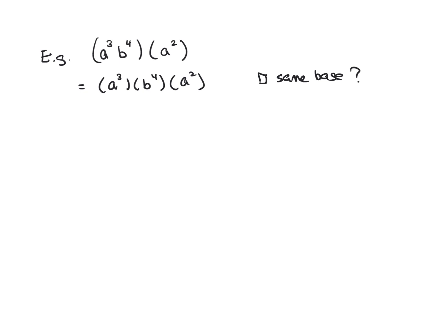And this time the answer is no. They don't have the same base. Two of them do, with a base of a, but the one in the middle has a base of b, which is different. So we cannot just add those exponents together, 3 plus 4 plus 2. That will not get us the correct answer. So we can't fully express this as a single power, but we can at least partially simplify this.